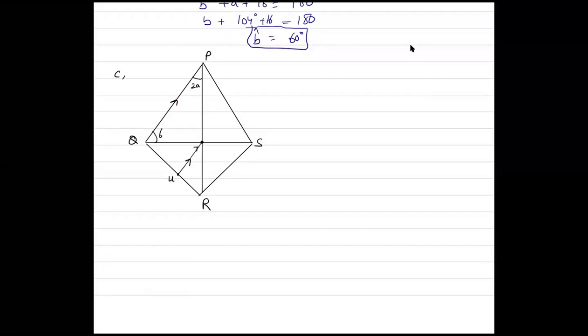This angle is 64. This is point T. This angle is angle C. This angle is 46. This angle is B minus 15.